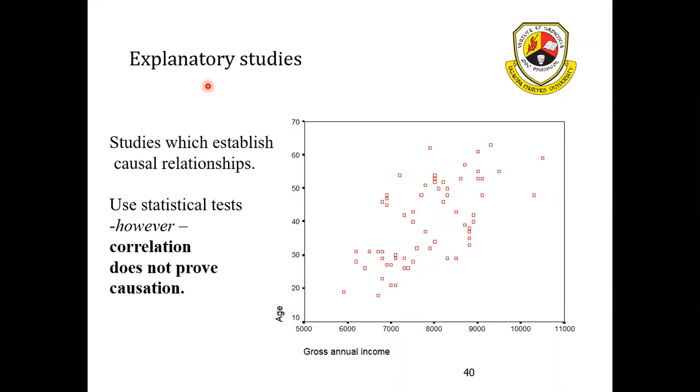Somebody who has been extensively treated with steroids, and what's the relationship between that and black fungus infection. So that is a typical example of a study that is trying to establish causal relationships.